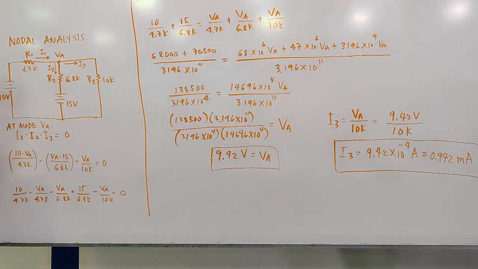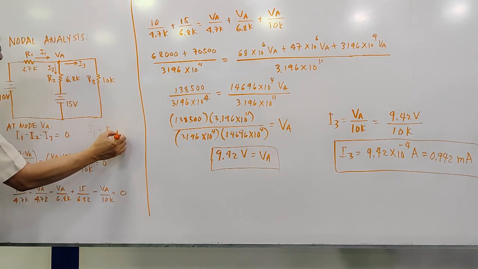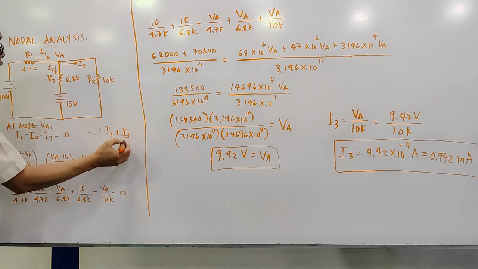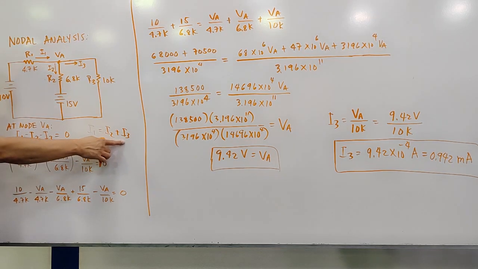So at node A, or VA, I1 is entering, I2 is leaving, I3 is also leaving. So I1 is equal to I2 plus I3. Correct? Entering, leaving the node.